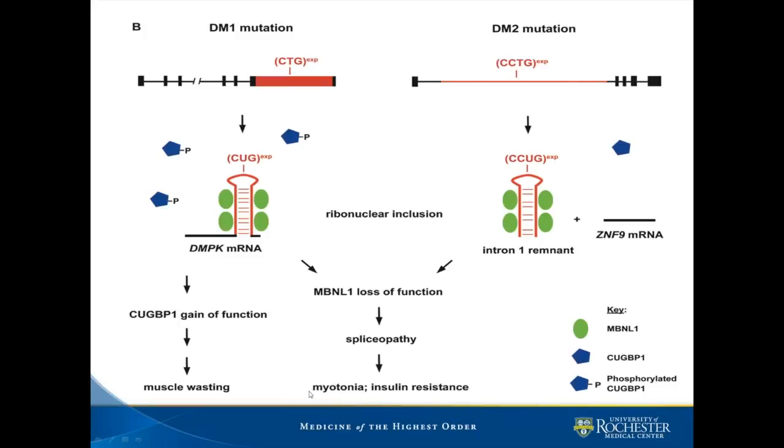There's also a defect in the manufacturing of a thing called the chloride channel. And we're not going to talk about that today, but the chloride channel is very important in maintaining the contraction characteristics of the muscle fiber membrane, and the chloride channel is not manufactured in the appropriate amount as an adult form, and so when that happens, the muscle can't relax as quickly as normal, and you get this contraction of myotonia muscles.